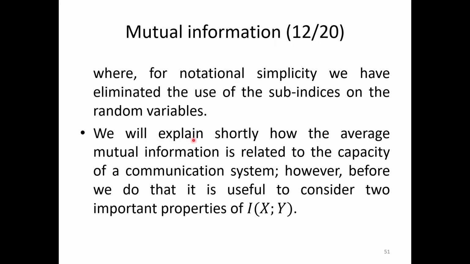We will explain shortly how the average mutual information is related to the capacity of a communication system. However, before we do that, it is useful to consider two important properties of I(X;Y), that is, the average mutual information of two discrete random variables x and y.